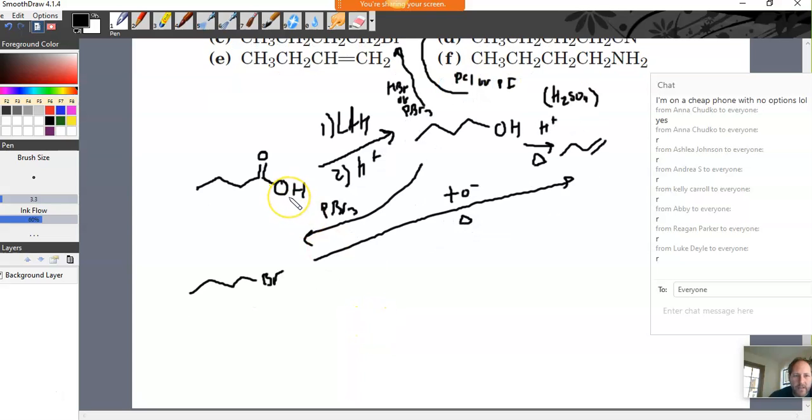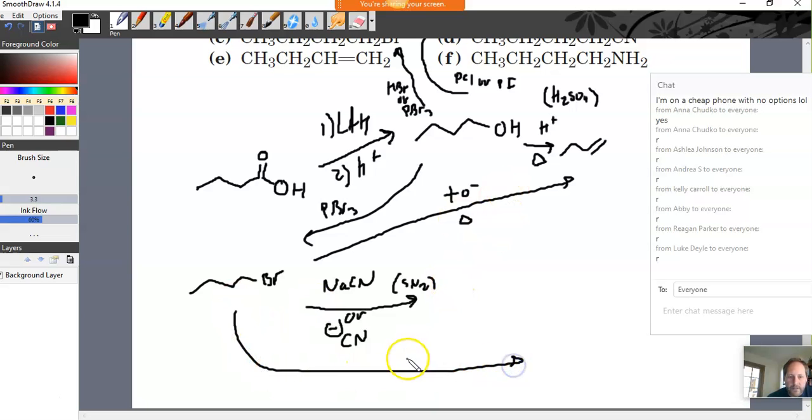For the nitrile, just add sodium cyanide, or if you want to write it as CN minus, that's fine. That's just a regular SN2 reaction to get that nitrile. And then the amine, same thing. You can just add NH2 minus.